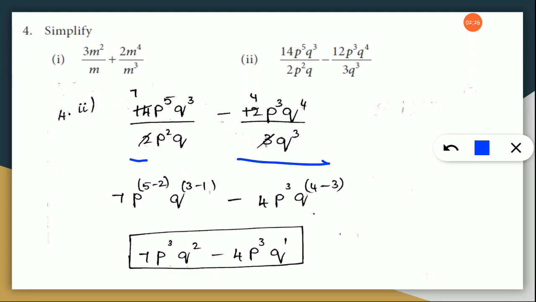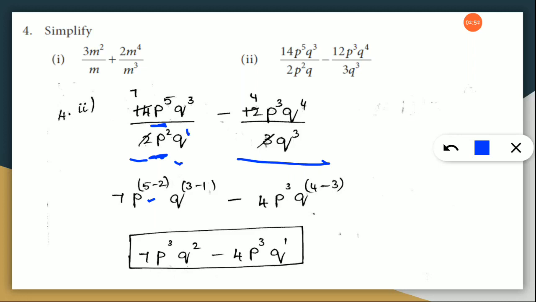Okay, and in the next step, what am I going to do? Here I can see a p power 2 and here p power 5 is there. Shall I bring this p power 2 up? So it is in division, so when I bring it up, it will become minus. So 5 minus 2. Same way q is in the denominator and I am going to bring it up. So q power 3 minus 1, because this has the power 1.